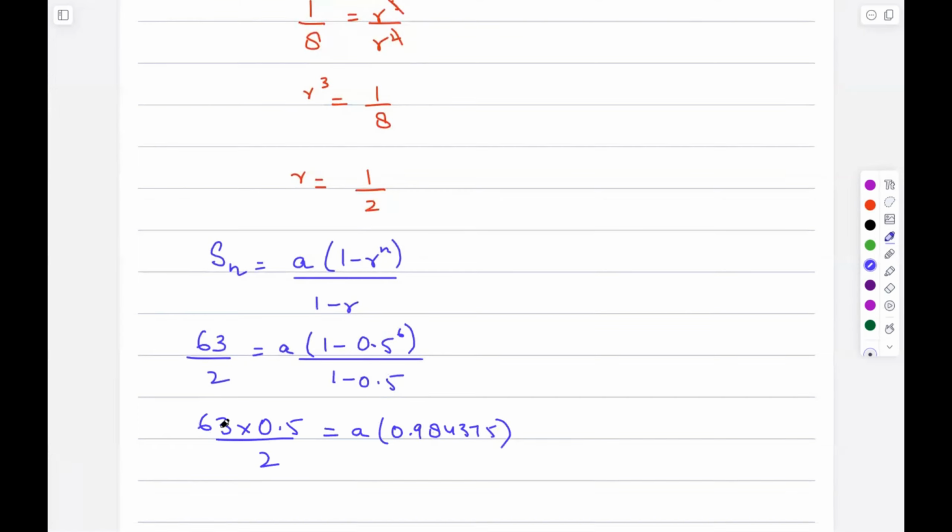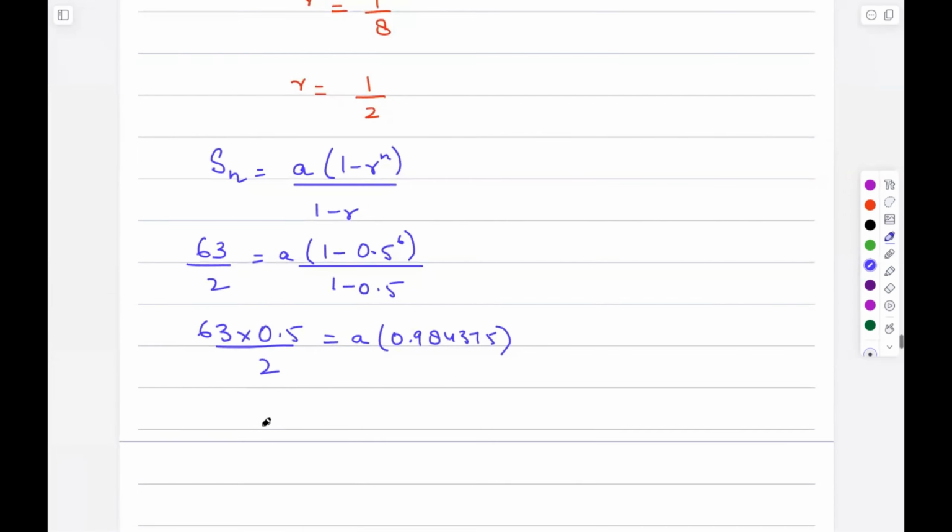So dividing it by 2 and then 63 into 0.5, the value of a will be equal to 16. Substituting this in the calculator, we can write that a will be equal to 63 into 0.5 divided by 2 into 0.984375. So the value of a will be 16.